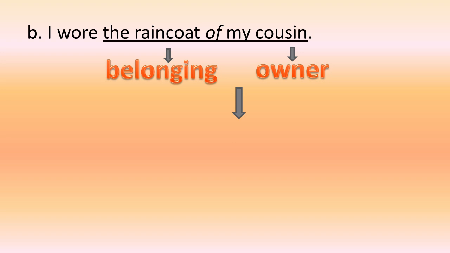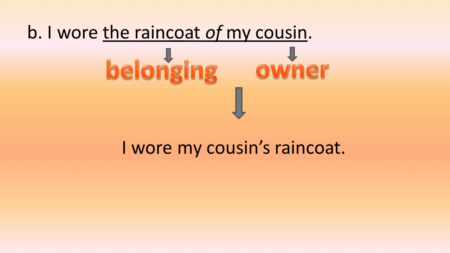You may underline the raincoat of my cousin as done previously, because there is the owner and his belonging. I told you the part not underlined would remain the same. You can write I wore, and instead of the raincoat of my cousin, write my cousin's raincoat. It would be cousin apostrophe s raincoat.